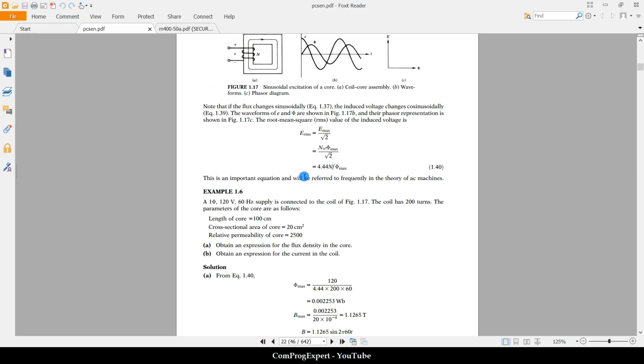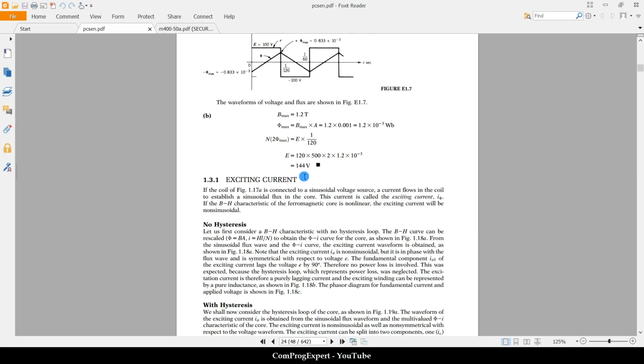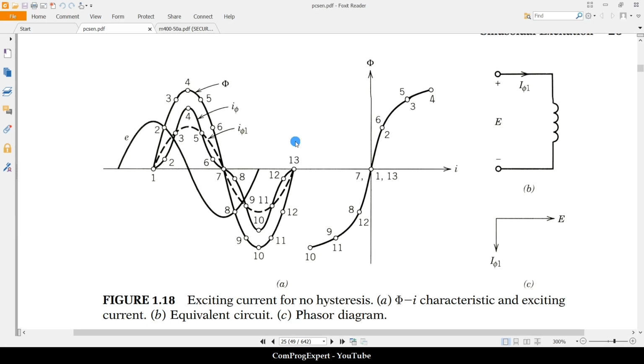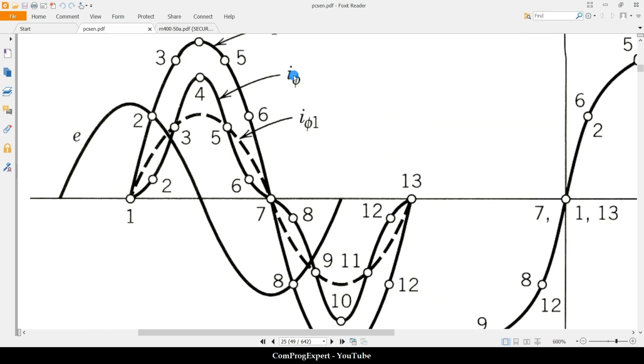You remember also from this part of the chapter. Here, when we have this flux phi, if we don't consider the hysteresis loop, and if we only consider the normal magnetization curve, this will be the waveform of the current. This one, I phi, the magnetizing current.